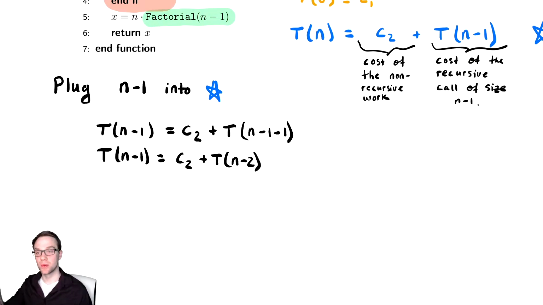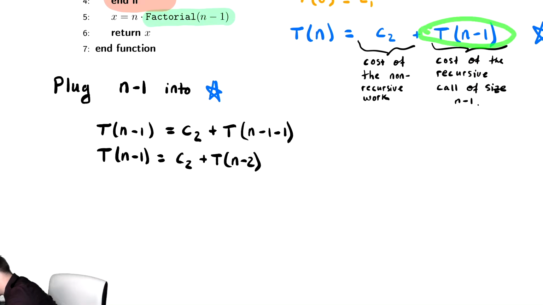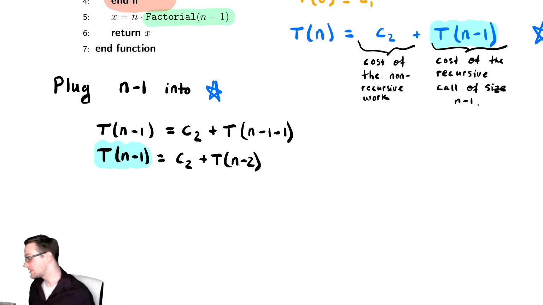I am then going to replace the t of n-1 in the original equation with this new t of n-1. So if we look, I have t of n-1 over here. I also have t of n-1 over here. I'm going to replace the one in the dark blue equation with the right-hand side of the one I just developed.